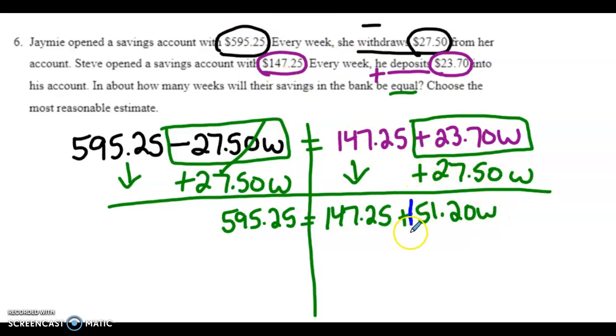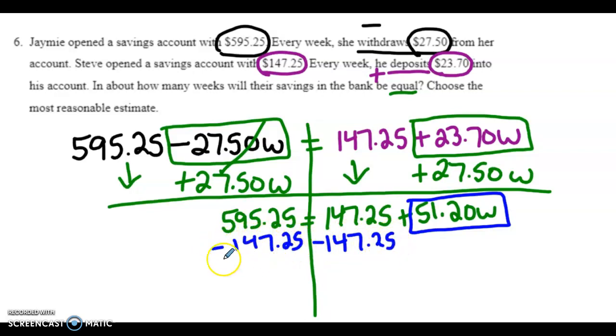So I'm still trying to get the W by itself, which means I need to get rid of this number. Right now this is a positive number, so I'm going to get rid of it by subtracting it. That will cancel. Let's see, 595.25 minus 147.25. Oh, nice pretty number. And I'm just bringing this straight down.